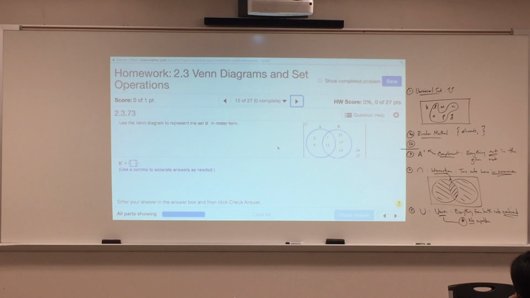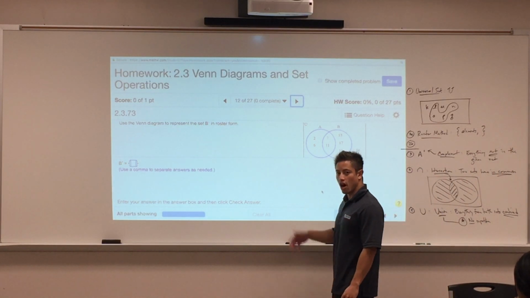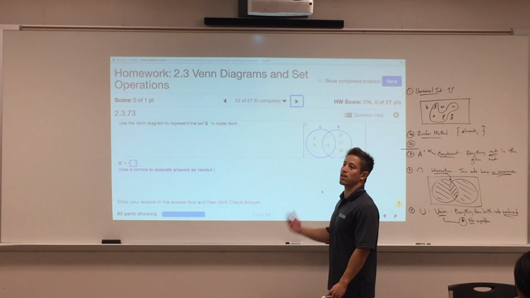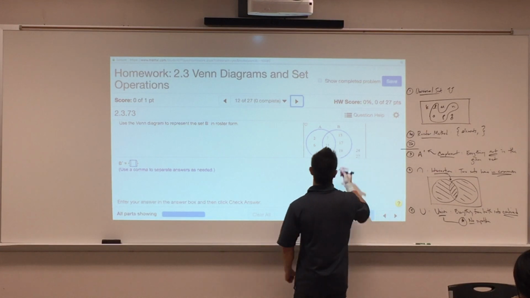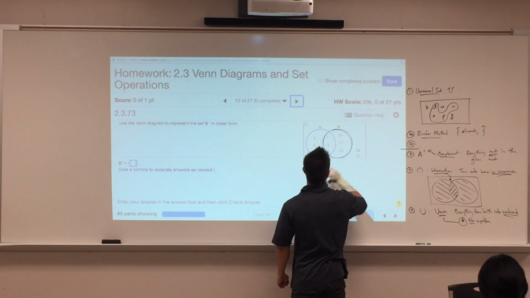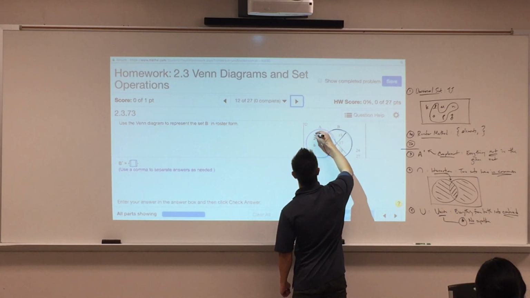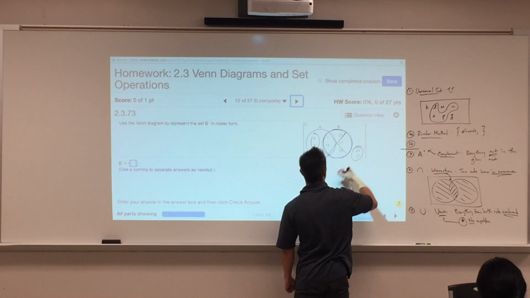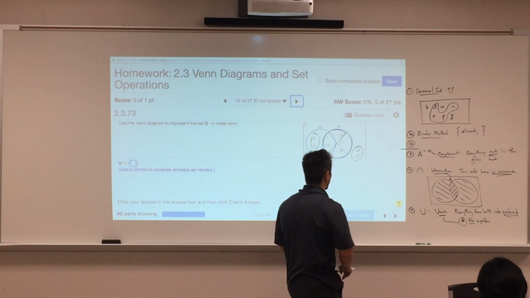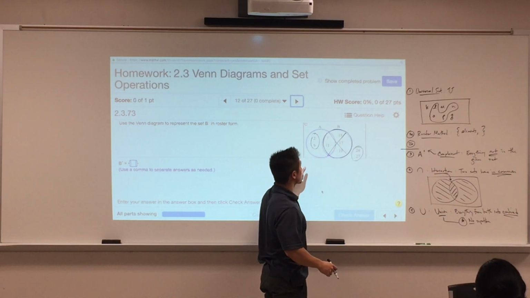All right, let's take a look at this next one. This next one says B complement. What's B complement? Everything not in B. So if this is the set B, we do not want that. We don't want any of this. What we want is everything outside, and be very careful you don't miss the little guys out here. Recall that the universal set is your sandbox.